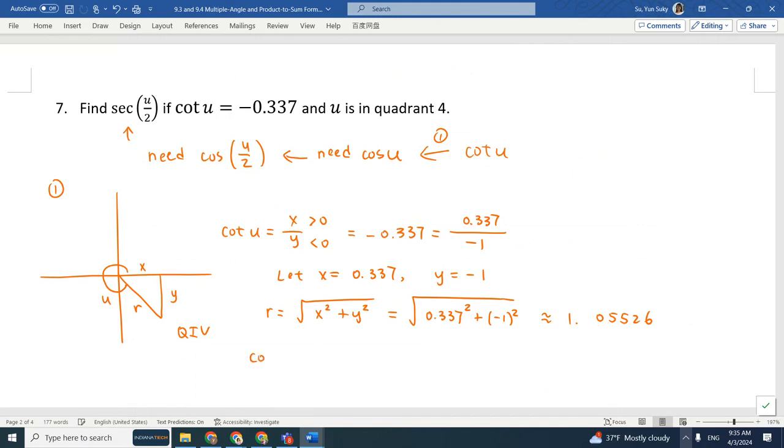Now cosine u. What is cosine in terms of x, y, r? x over r. So we get, sorry, I had it wrong, my x should be 0.337 and r is 1.05526. What do you get? Also give me 5 decimal places.